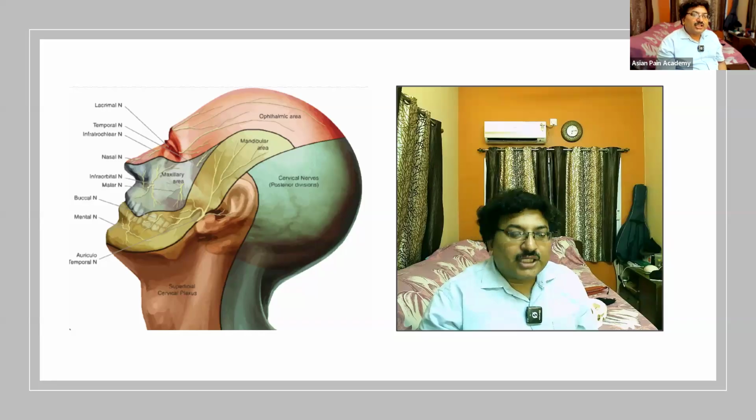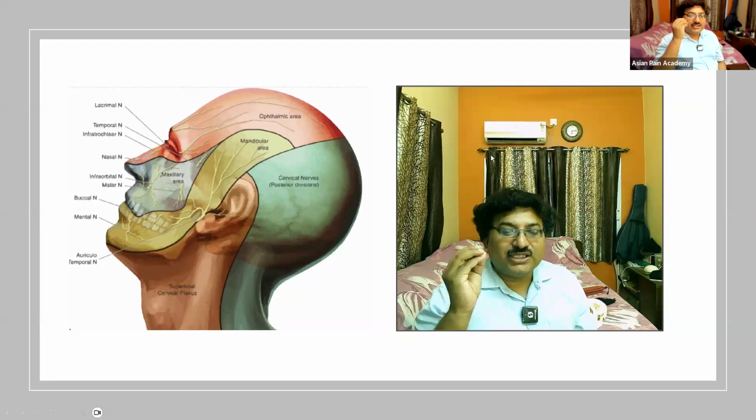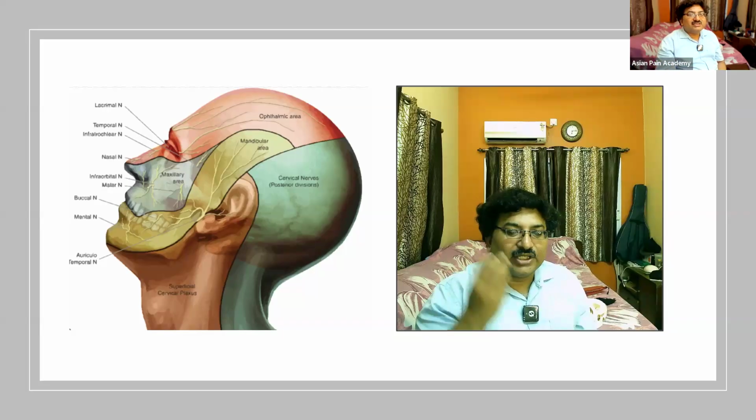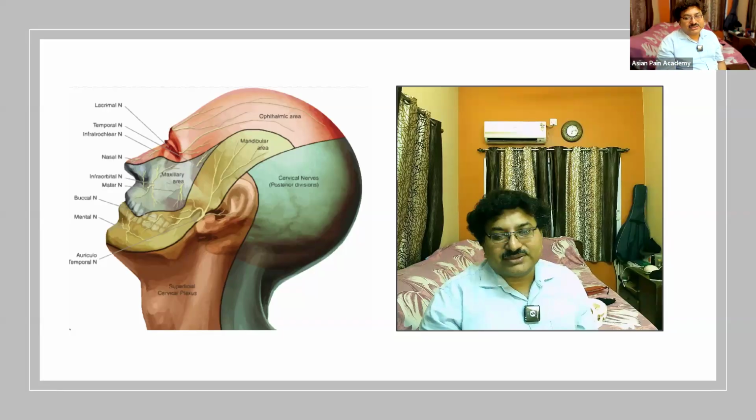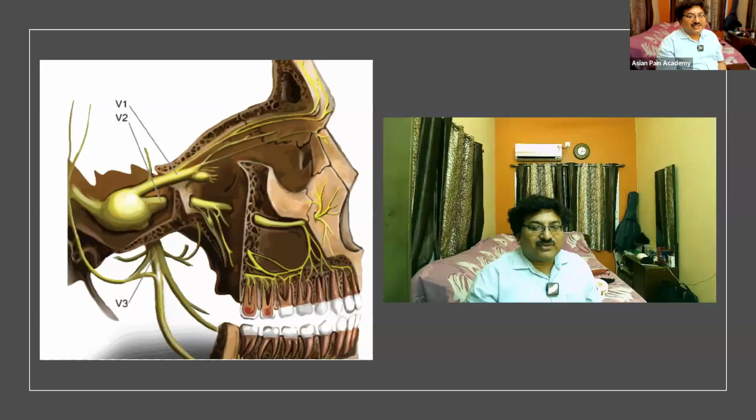That is why, while blocking the mandibular division, especially with radiofrequency, we can stimulate and see the masseter and temporalis moving. That is one of the big differences between the mandibular and the other two. In the maxillary or ophthalmic, you won't find any motor component. We'll be discussing the branches one by one, but first let us see the ganglia.